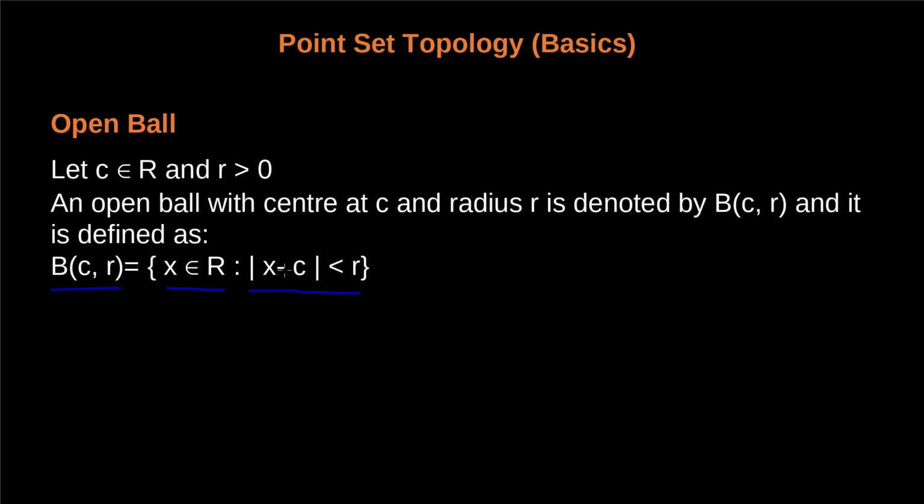So this means it is the set of all real numbers x whose difference with C is less than R, since the modulus represents the difference between these two quantities.